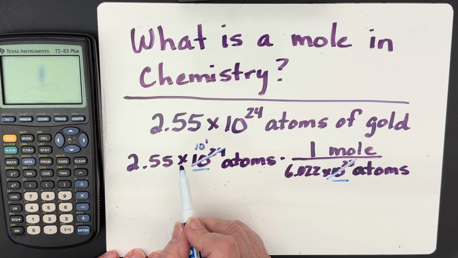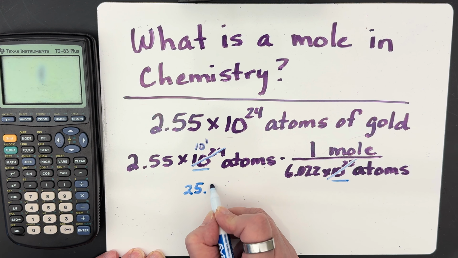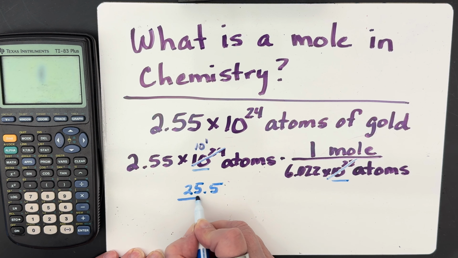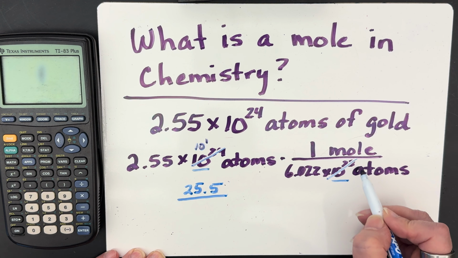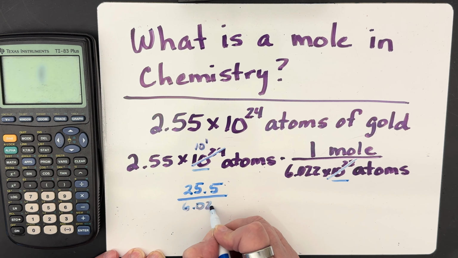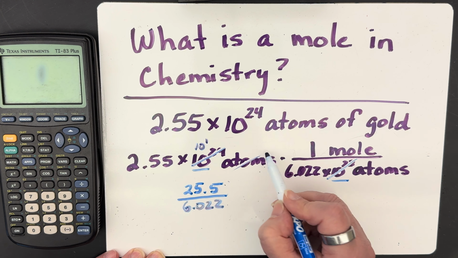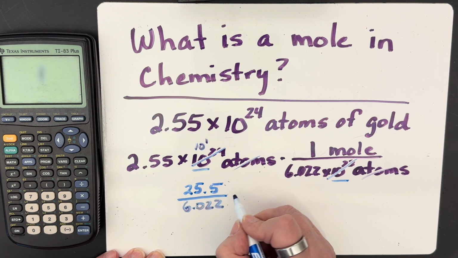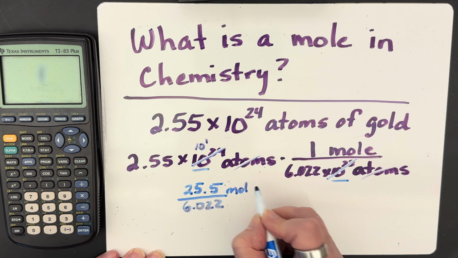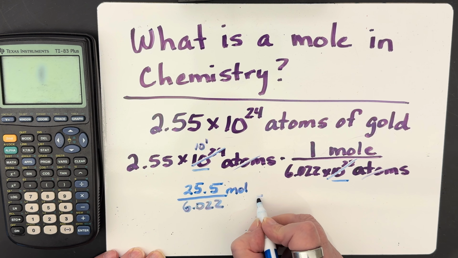Well, 2.55 times 10 is 25.5. Over, we cancel the times 10 to the 23rd, so all we're left with is 6.022 on the bottom. Our atoms unit cancels, so we're just left with moles. Shorthand for moles is MOL, not much of a shorthand.